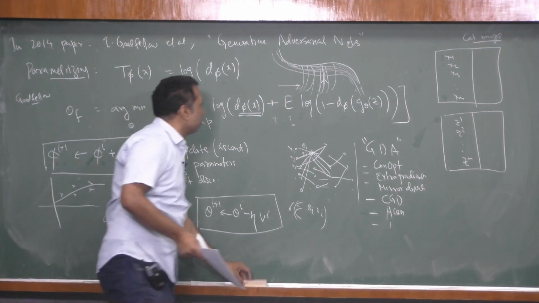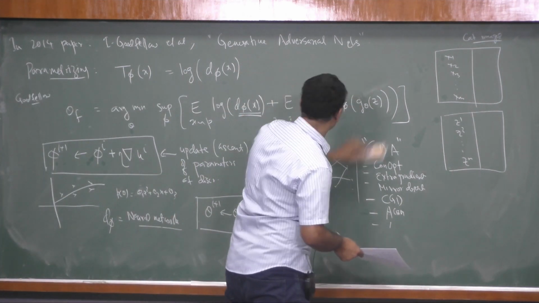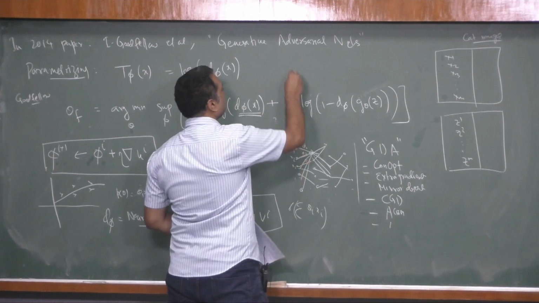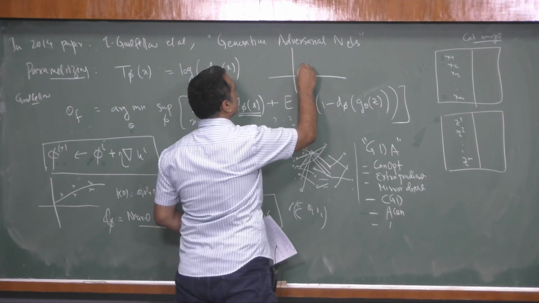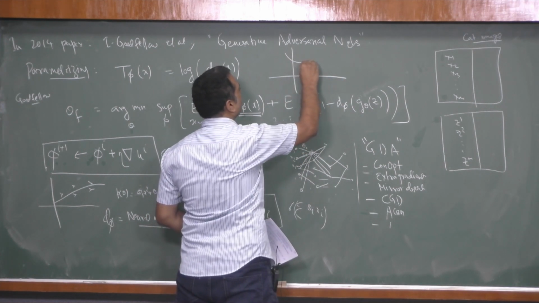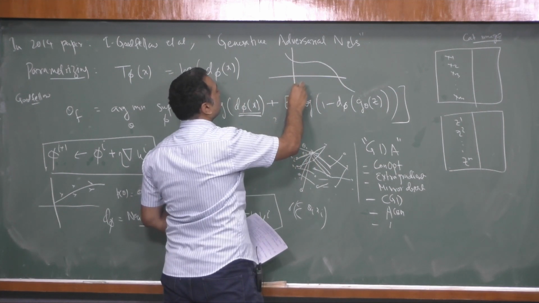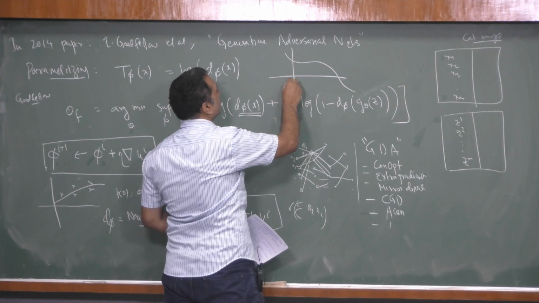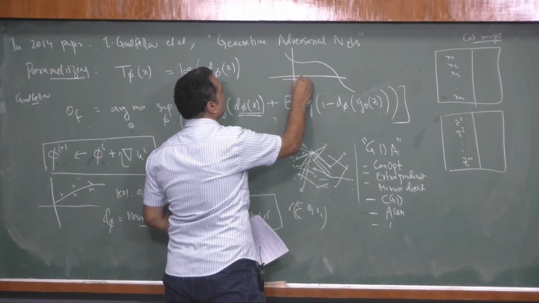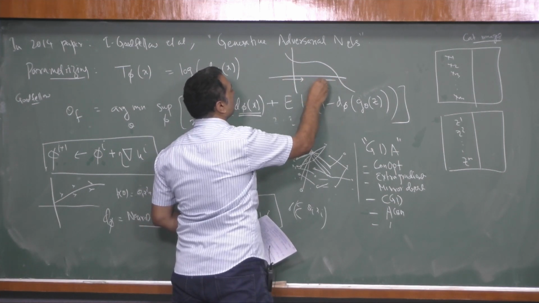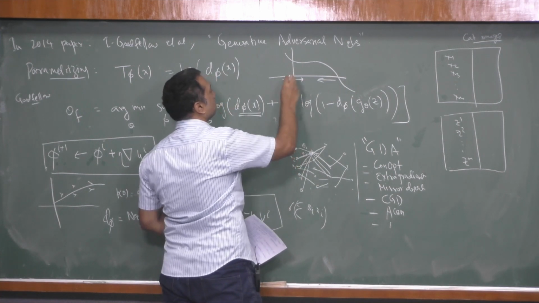It is better to do it in 1D, because I will complicate things for you. Let us do just 1D. So one is the generator like this and the discriminator is like this. Let us keep it simple.